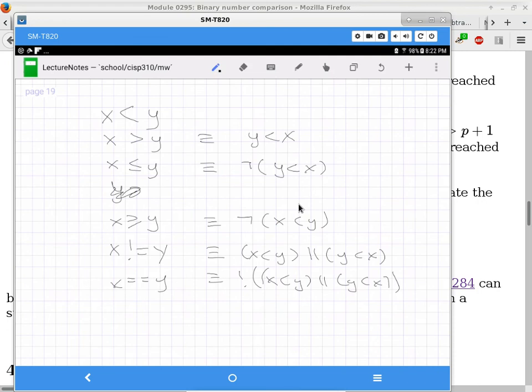Yes. All of this stuff here has nothing to do with signedness. It is basically stating that if I can confirm less than, I can implement all of the other comparison operators, signed or not. But at this point, we just say intuitively, borrow is sufficient because that's the whole idea of borrowing. You don't have enough, and that's why you're borrowing. So that's why it works.